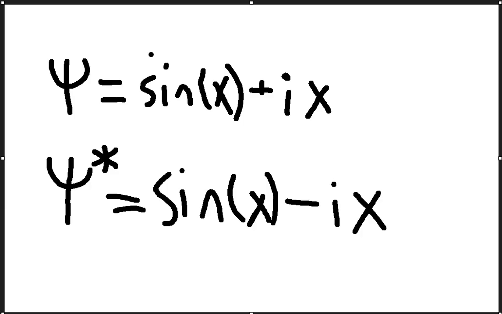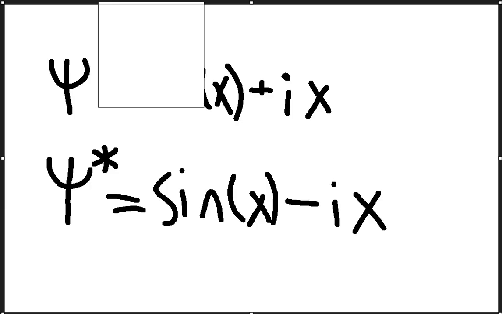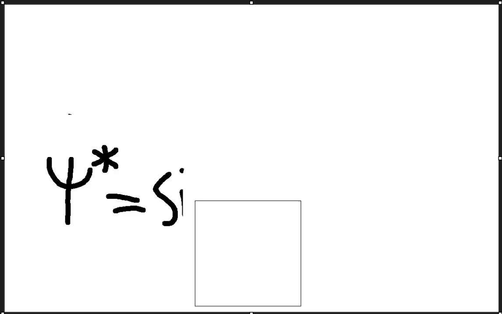Now, why is this relevant? Well, some of the time our wave function will feature imaginary numbers. This has to do with how we calculate probability density.